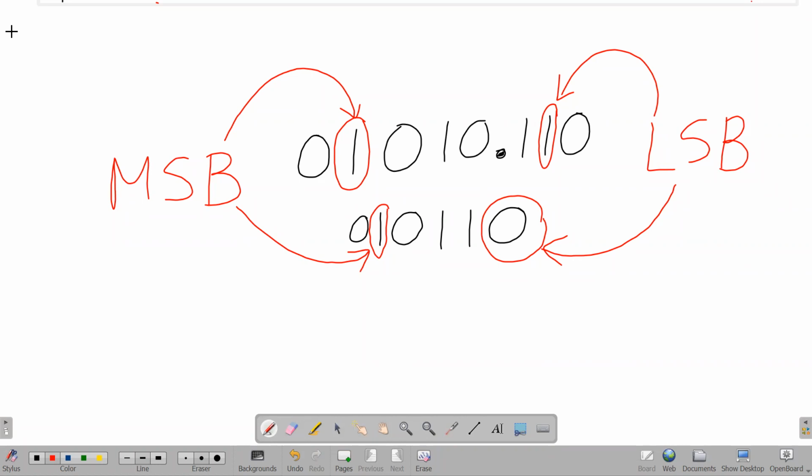The least significant bit is the rightmost value. For a whole number, the rightmost value. If it is a decimal number, it's going to be the rightmost value which is not a 0. Sanushi, is that clear?